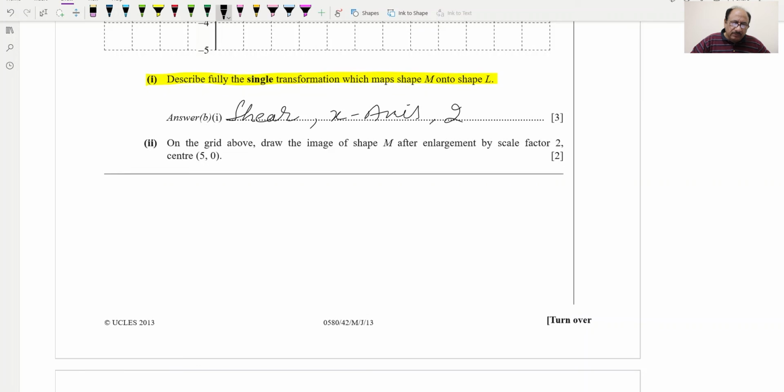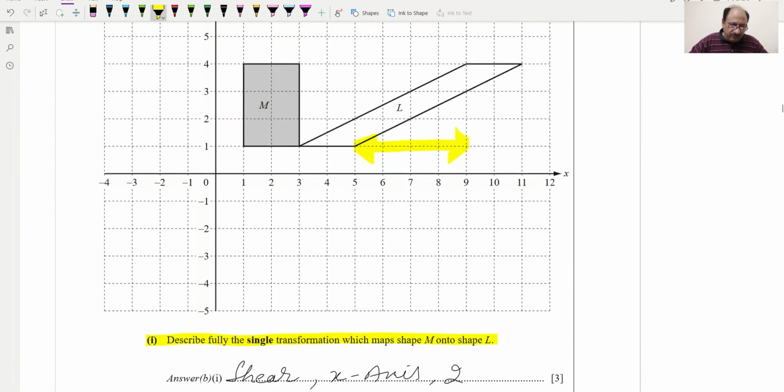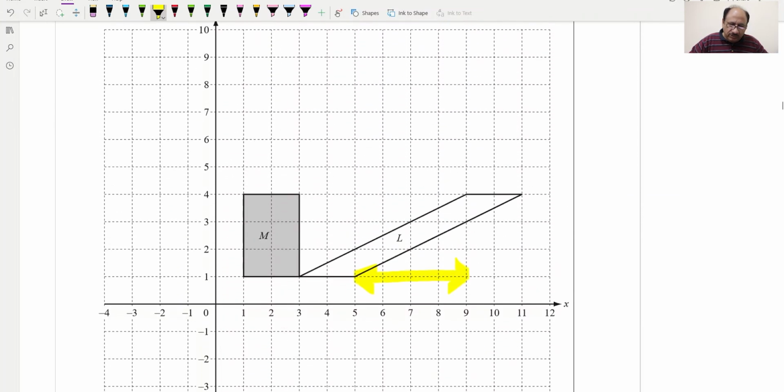Next part, on the grid above, draw the image of shape M after enlargement by scale factor 2, and the center of enlargement is (5, 0). So (5, 0) will be the center of enlargement.